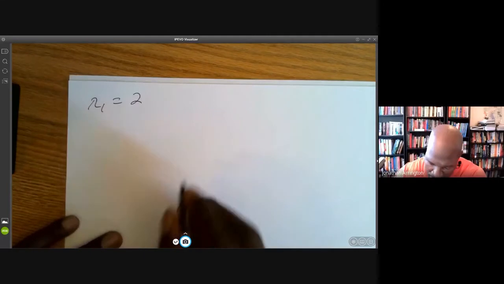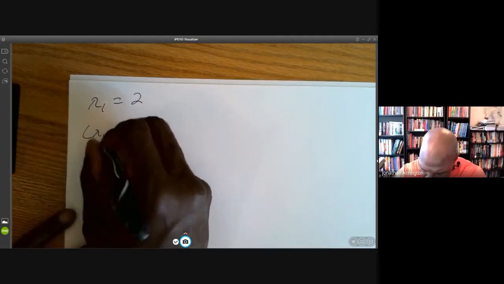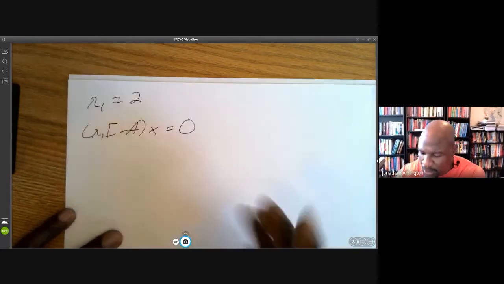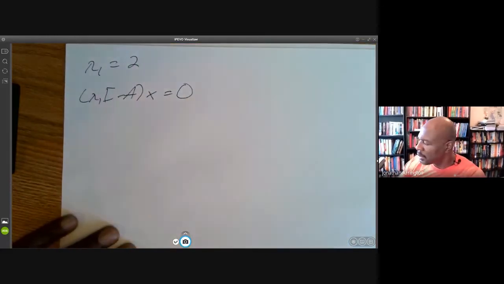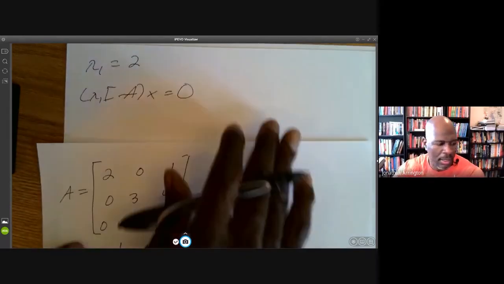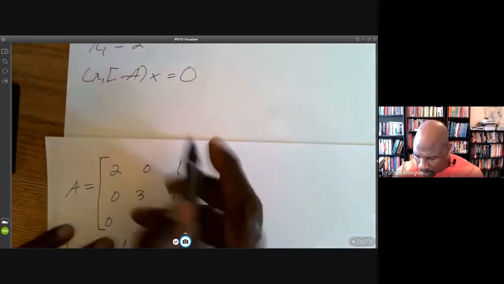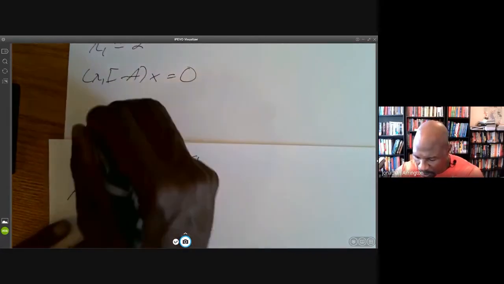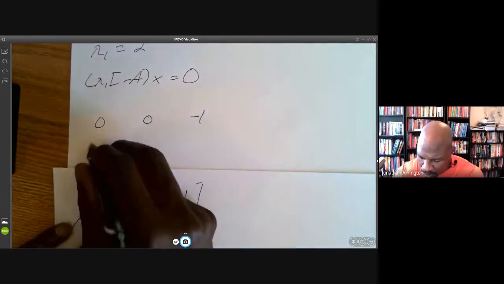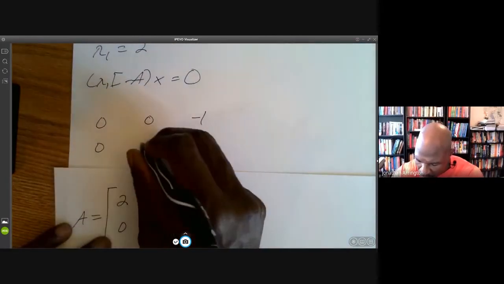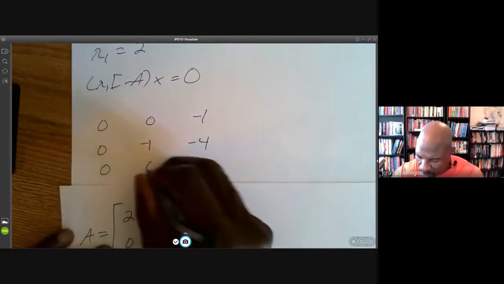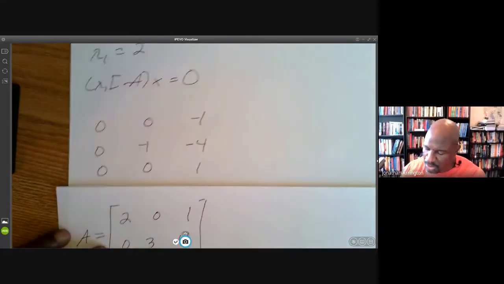And to find the eigenvector, what I'm going to do is (lambda 1 I minus A) times x equals 0. And so let me remind myself what A is. Okay, there's A. So I will have 2 minus 2, which is 0, 0, negative 1, 0, 2 minus 3, which is negative 1, negative 4, 0, 0, and 2 minus 1, which is 1.